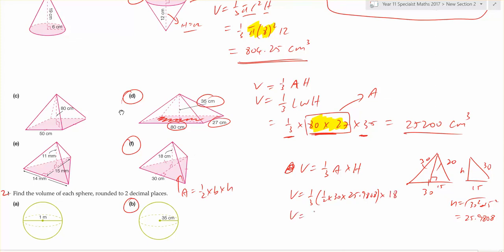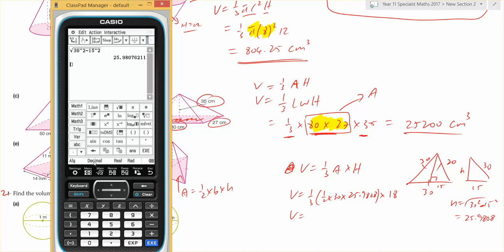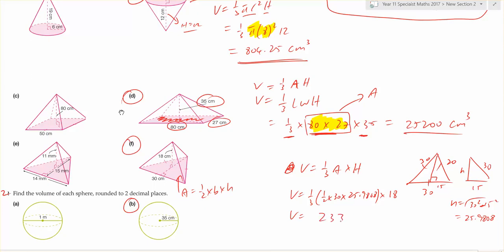Let's work this out on the calculator: a third times a half times 30 times, using the previous answer by highlighting and dragging it down, times 18. So I get 2338.27 centimeters cubed.